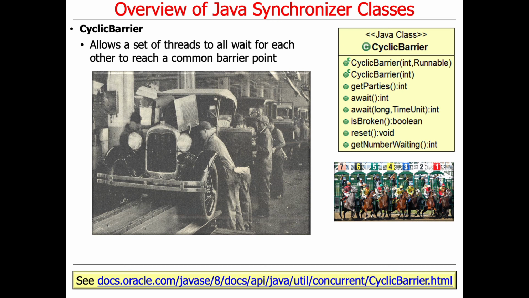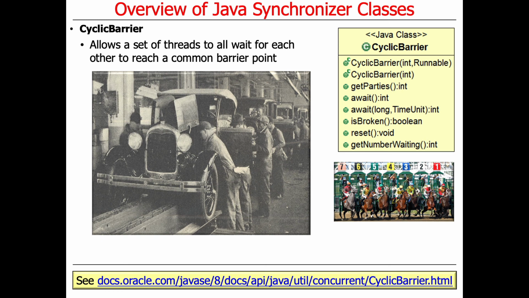And the stuff would come through, and when the car got to your team's station, imagine a little light would go off, and then that team would cluster around and do their thing. And then when they're done, they step back and the car moves down to the next slot in the assembly line. And so a cyclic barrier allows a set of threads, in this case a set of workers, to wait for each other to reach a common barrier point, like the next car is ready.